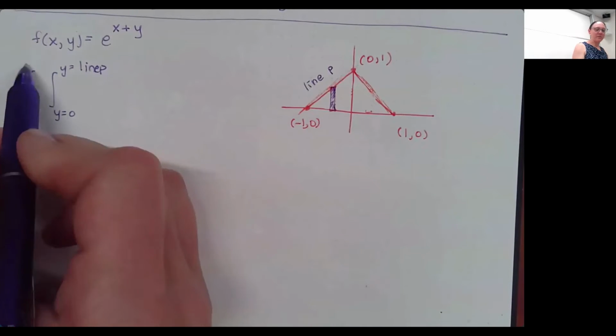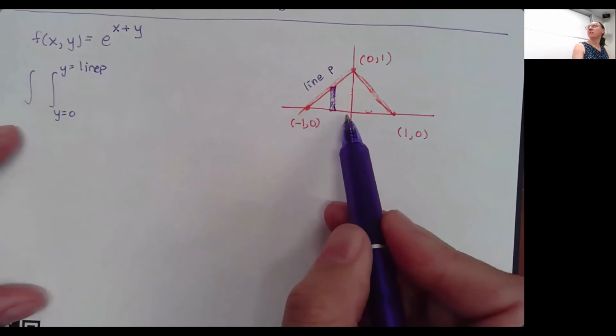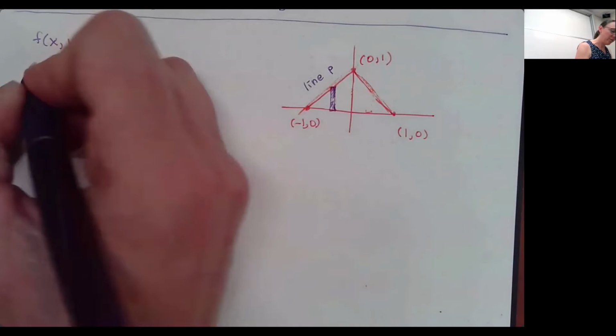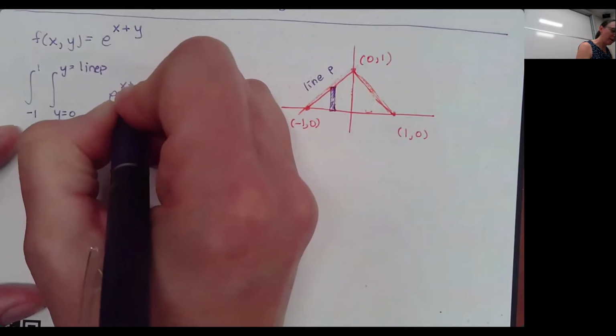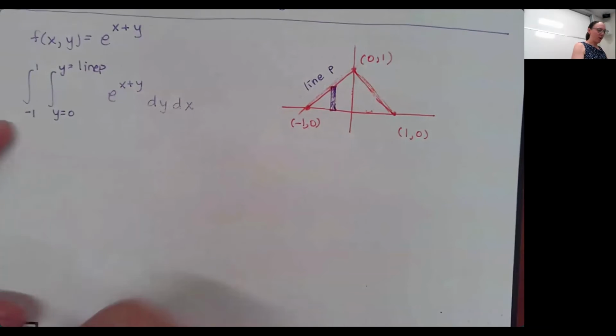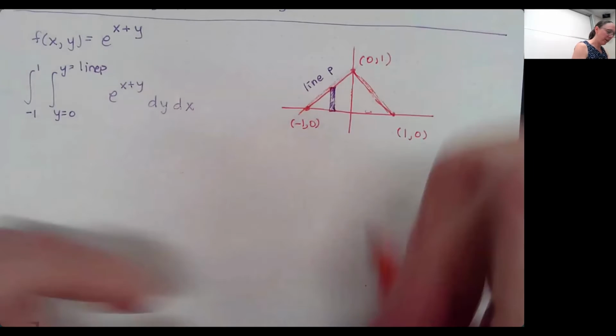What are my x bounds going to be for this part? So I'm going to go -1 to 0, and then we'll have e to the x plus y, and this is going to be dy dx.